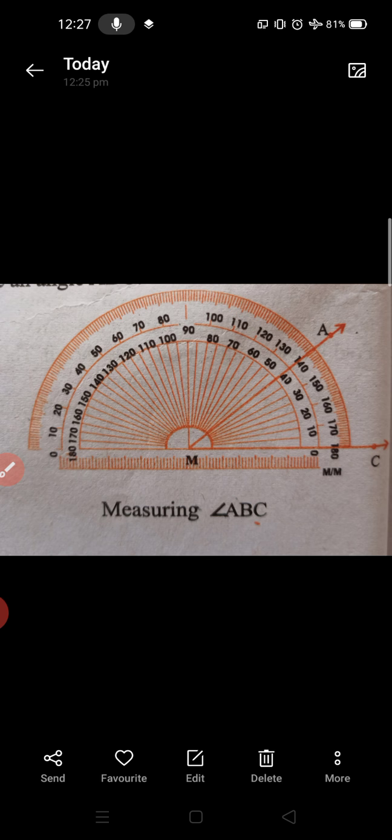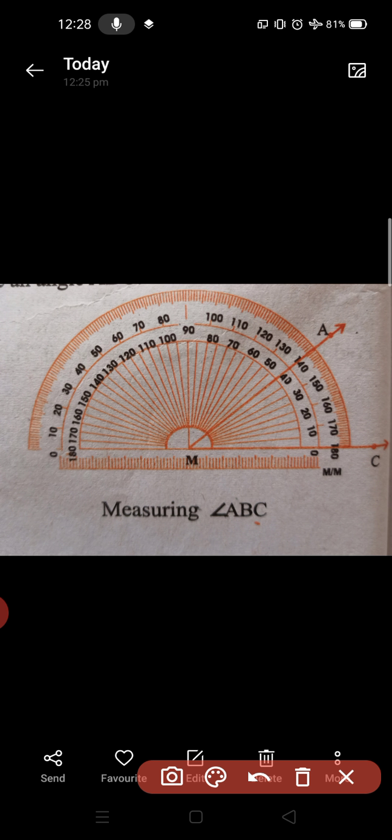Both ray BC and the straight edge of the protractor must coincide on each other like this. Then here it is visualized as MC, which means BC. This is the second step we have to do.